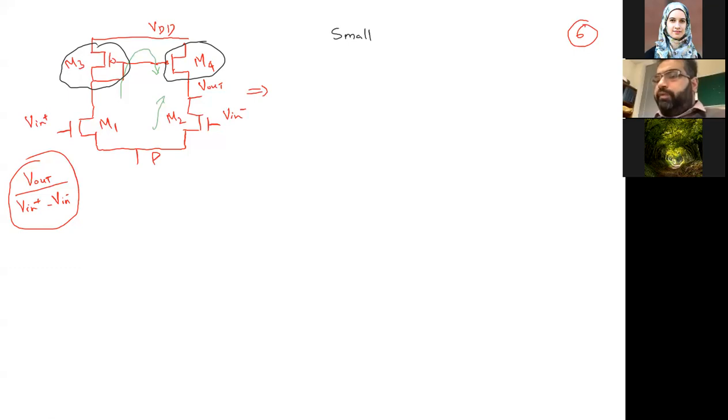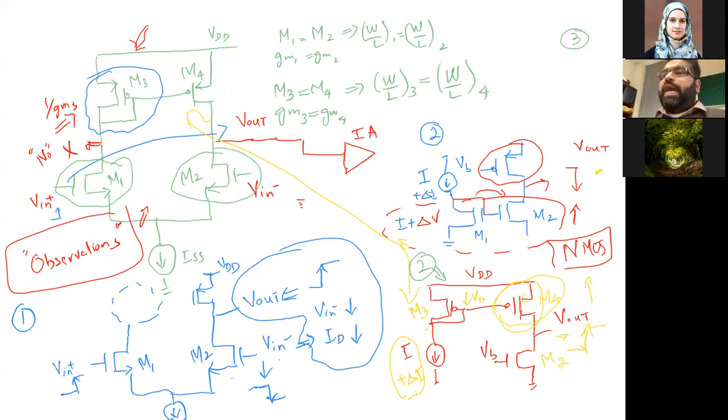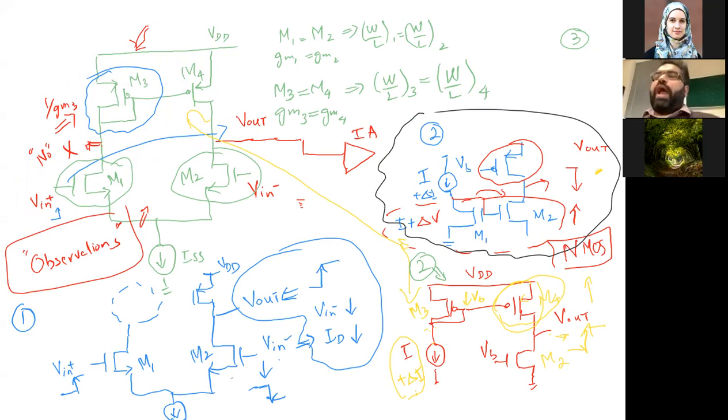If you come early, or if you go back later when I upload the video, we have analyzed these two circuits. We also see what is going to happen if we use an NMOS current mirror. Based on the circuit topology, you need to analyze what the correct pattern is.